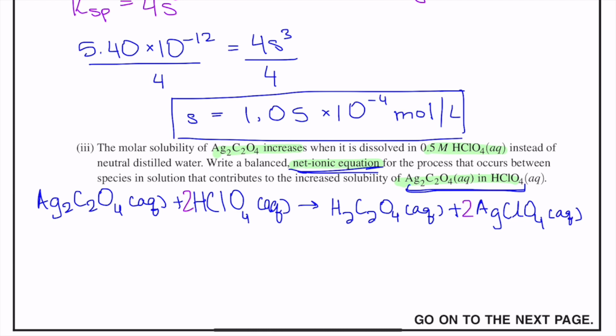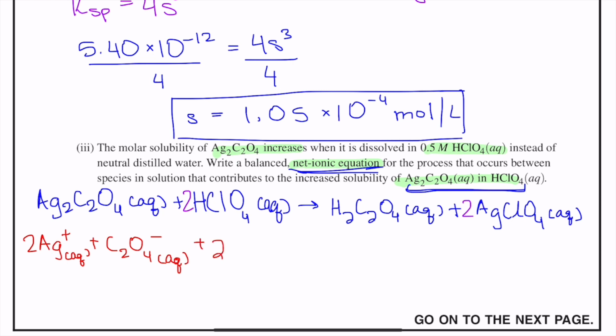Over here, this is going to dissociate into 2Ag plus aqueous, and then we're also going to have our oxalate. This is also getting dissociated.